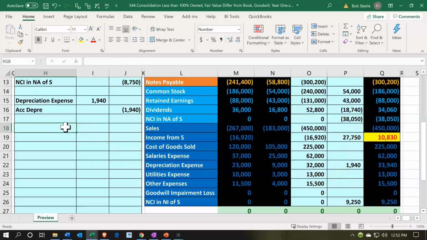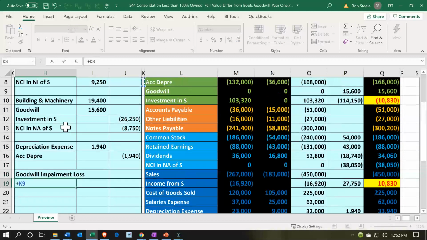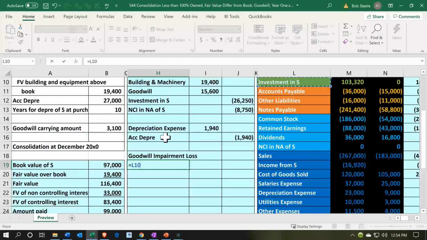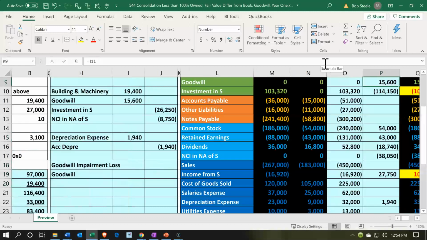So there's going to be a loss then. I'm getting mad at P for not holding up S's standards, but that's okay. There it is. I picked up the wrong account, so let's try it again. I'm going to pick up the goodwill, which should be decreasing. There it is. Now for the calculation, we have to bring this goodwill amount, which is on the books at 15.6, down to the carrying value.